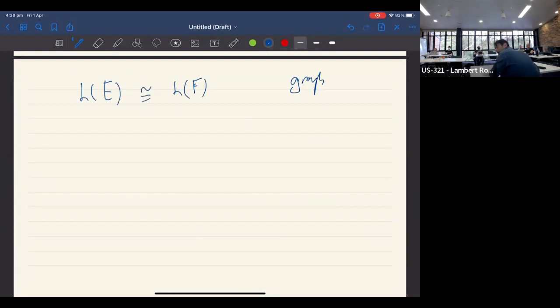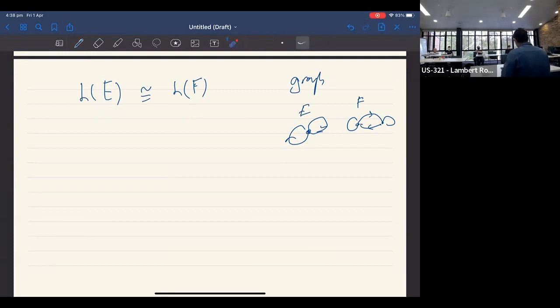Because it could be that this graph, for example, and this graph look very different. This has only one vertex, this has two vertices, but if you calculate the Leavitt path algebras, they give you the same algebras. So if I give you two graphs, would you be able to tell me somehow whether they introduce the same algebras or not?